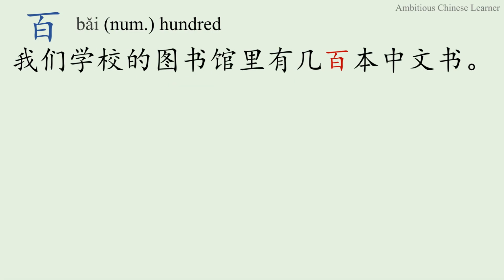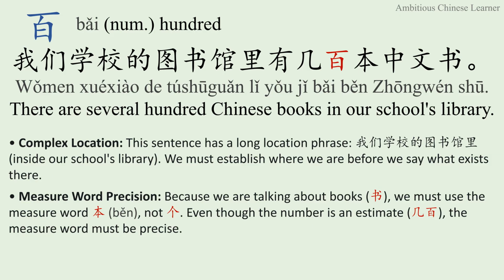我们学校的图书馆里有几百本中文书。There are several hundred Chinese books in our school's library. 我们学校的图书馆里有几百本中文书。This sentence has a long location phrase, 我们学校的图书馆里, inside our school's library.